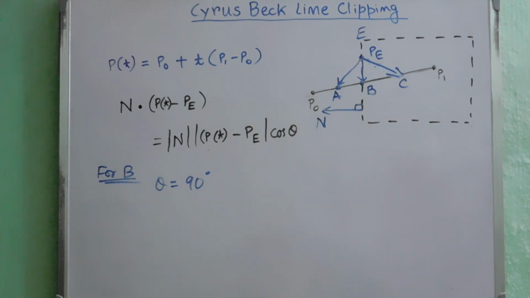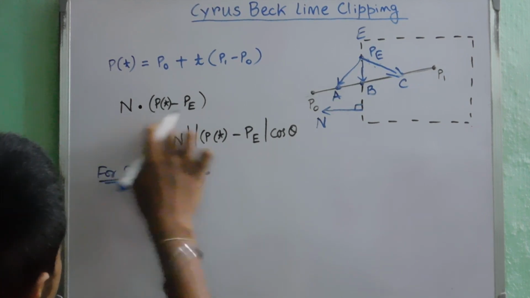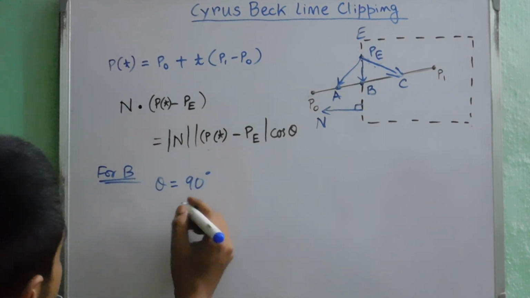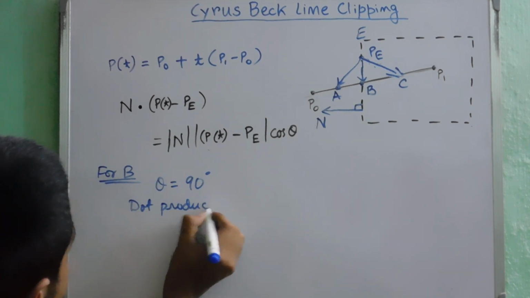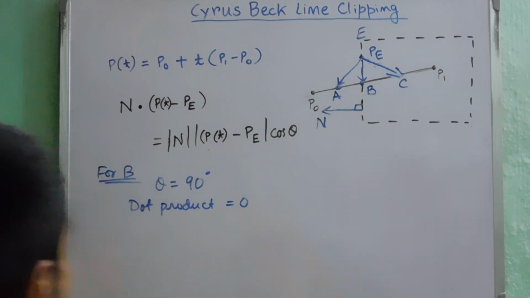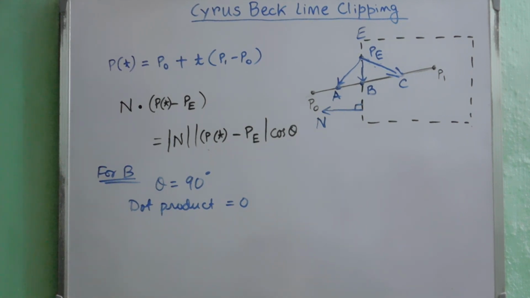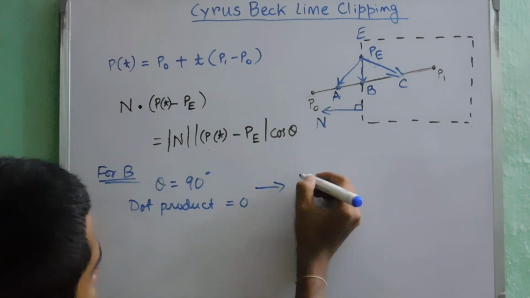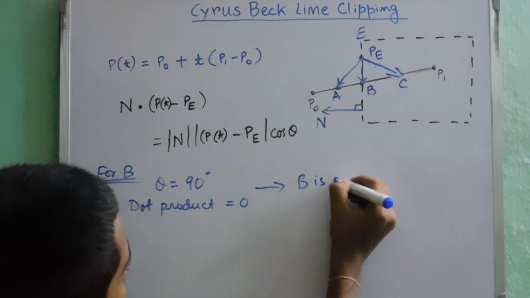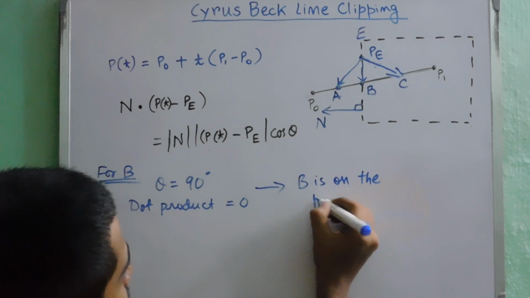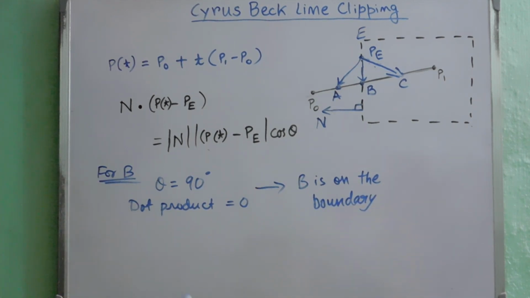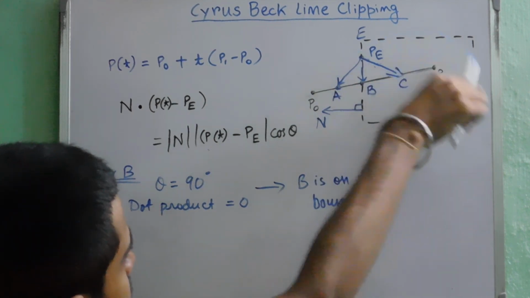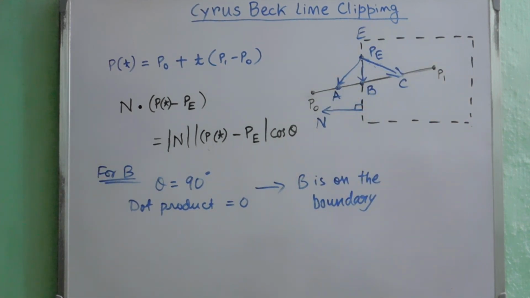So the dot product will have value equal to 0. As the dot product value is 0, it implies that B is on the boundary of the rectangular window.